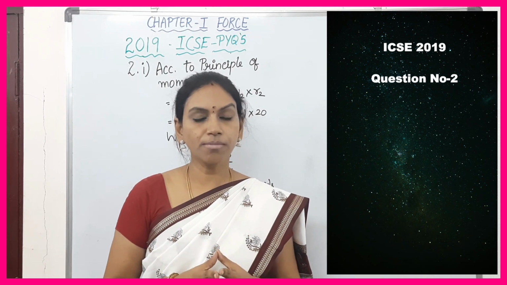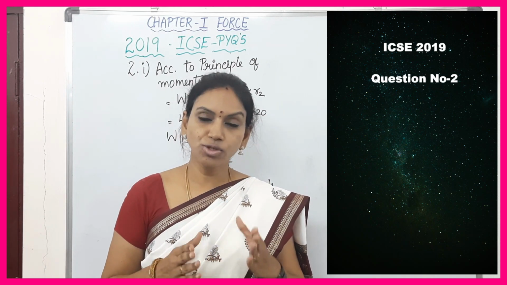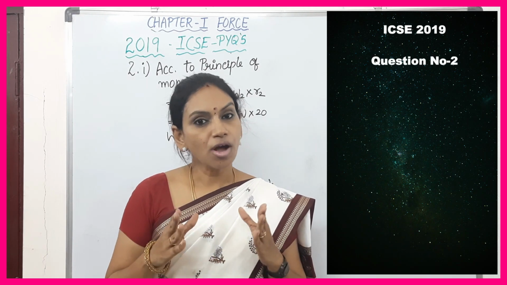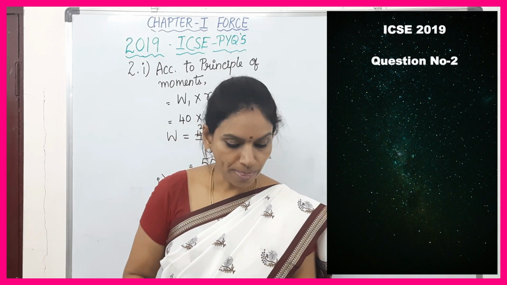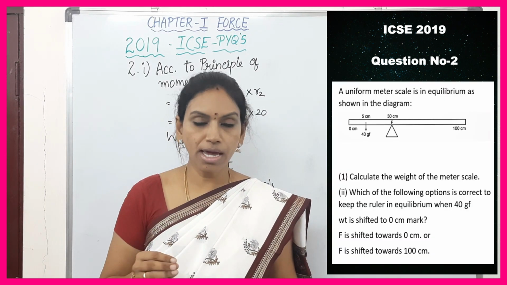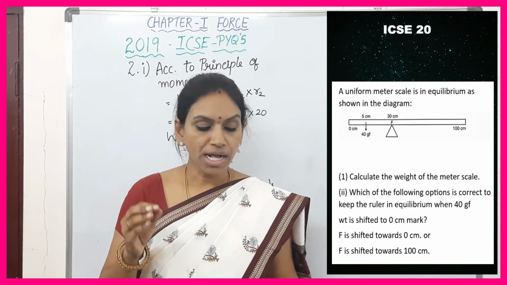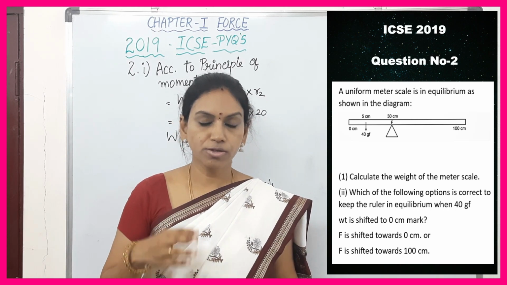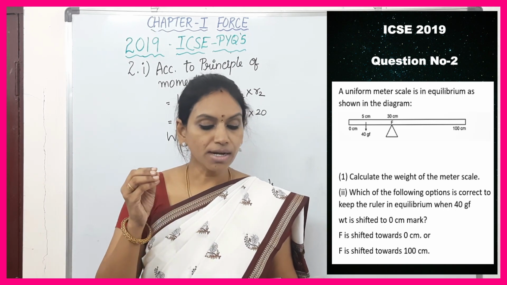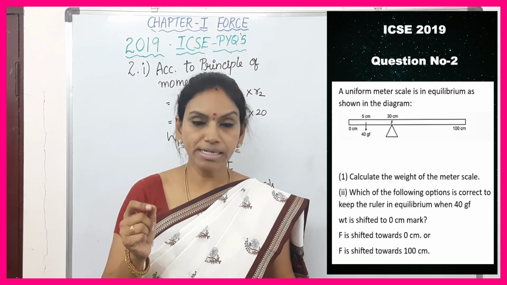Second question from 2019 ICSE board exam also carries 2 marks. Let me read out the question for you. A uniform meter scale is in equilibrium as shown in the diagram. So they have taken a uniform meter scale which is pivoted at 30 centimeter.